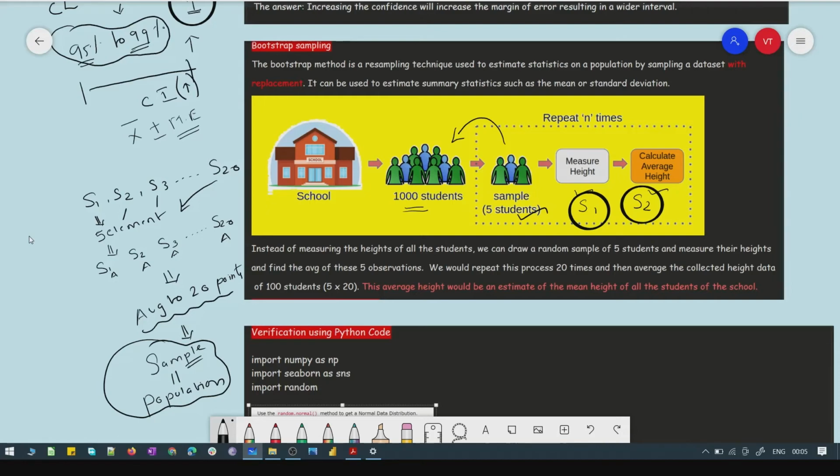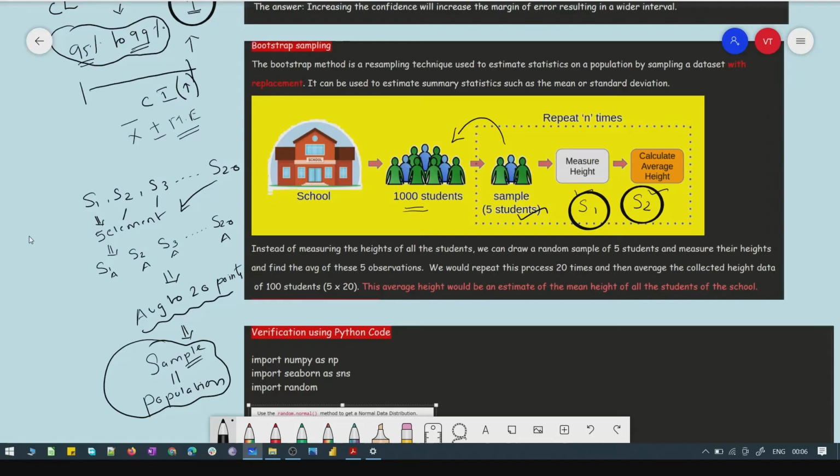Likewise, I repeat the same experiment 20 times, which means I have got 20 different buckets having 5 elements in them. I also have the average values: the average for sample S1, for sample S2, and so on till the average for sample S20.